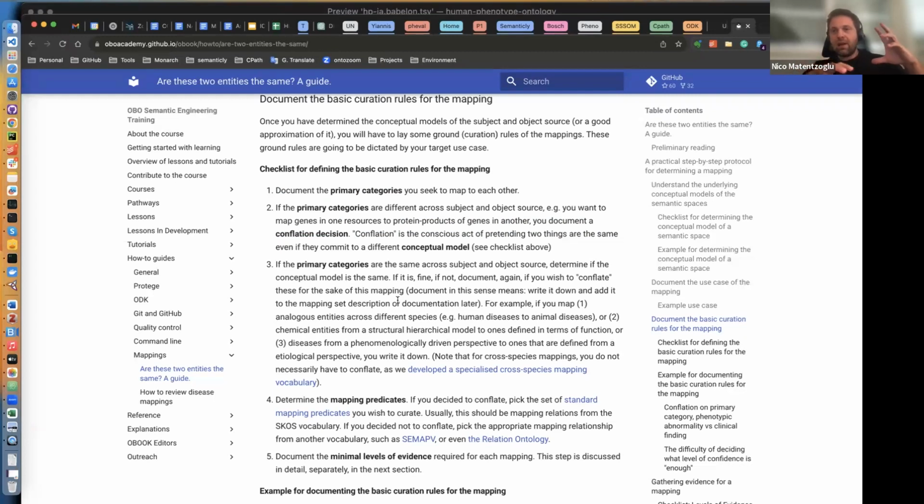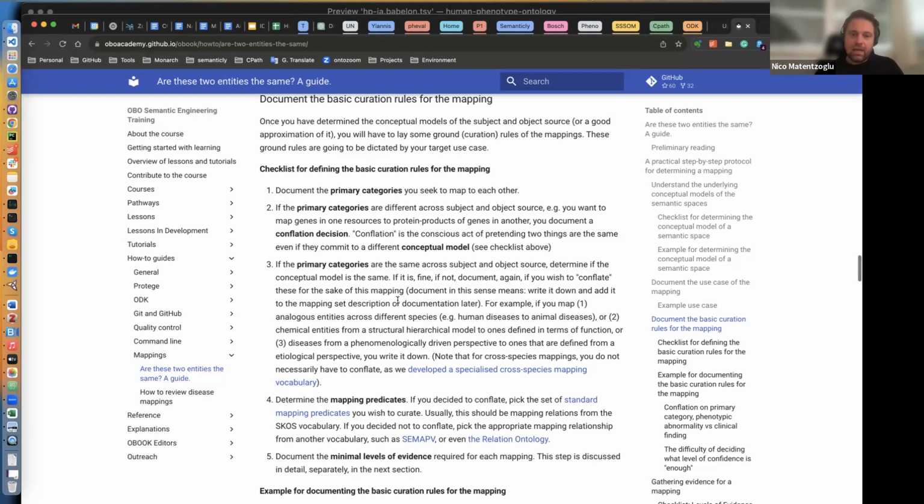For example, you align ICD-10 with Mondo, and no matter what ICD says a disease is and what Mondo says a disease is, or whether one is separating between disorders and diseases and the other only diseases, we usually say it's okay, no problem. We just conflate these, which means when you have Friedreich's ataxia appearing in one resource and Friedreich's ataxia appearing in the other resource, we just say they're the same. That's very practical, and it's totally fine.